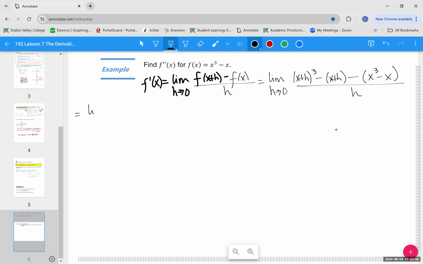So the fun part is you are going to need to multiply this out, distribute a few negatives, but it shouldn't be too painful to do. You may remember some Pascal's triangle, which helps shortcut multiplying out x plus h to the third, or you could just use the brute force method. Then I'm going to distribute my negatives.